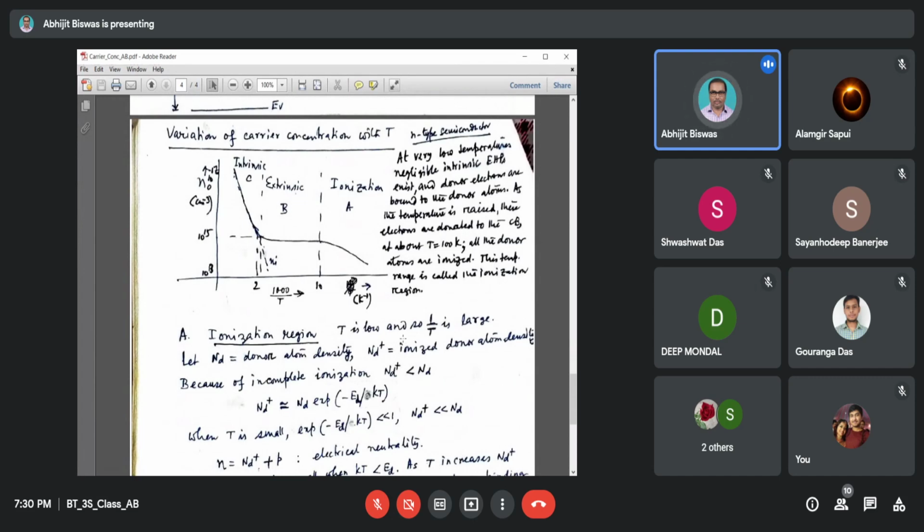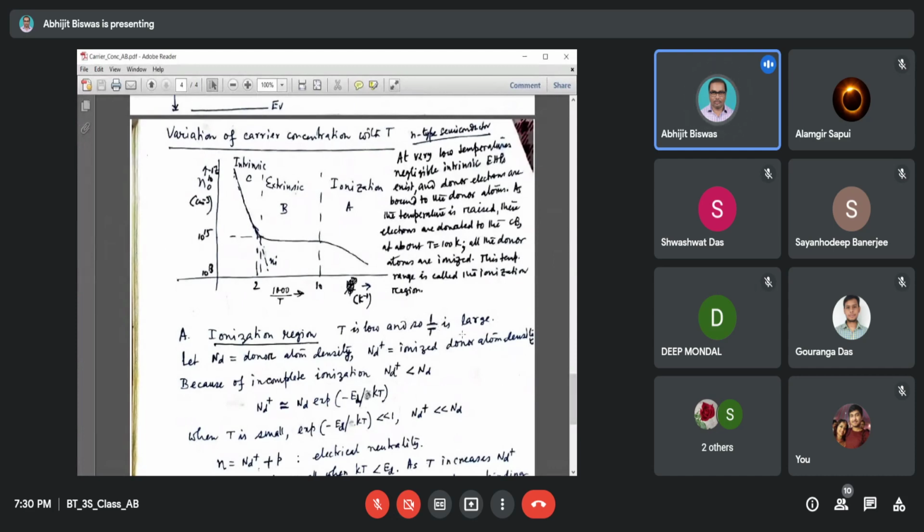Here on the y-axis you see the free electron concentration, and along the x-axis it is 1000 by T, where T is the temperature of the semiconductor in absolute scale. This unit is chosen in such a way so that we can get some integer. 1000 divided by 100 means 10. So beyond 10 means low temperature.